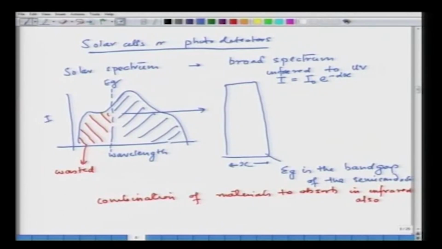The light which is of lower energy continues to go deeper in the material. So, the blue light gets absorbed at the surface and the red light gets absorbed deeper in the bulk. As a result, what we want is a material which is absorbing in the blue at the front of the device. So, this should be a blue absorbing material.